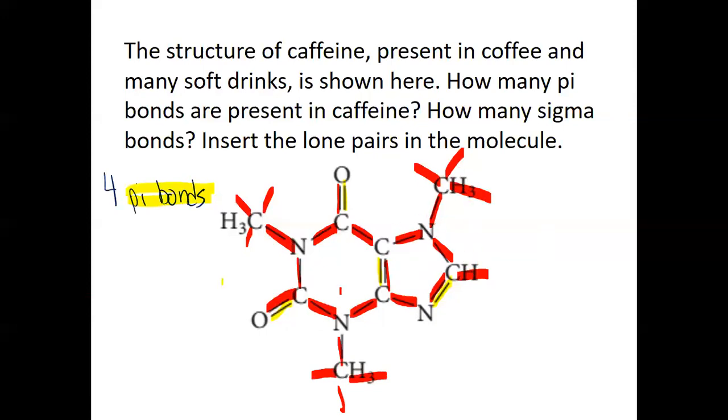I know that there's 25. I just am having trouble counting right now. 3, 4, 5, 6, 7, 8, 9, 10, 11, 12, 13, 14, 15. So that's all of the outer.